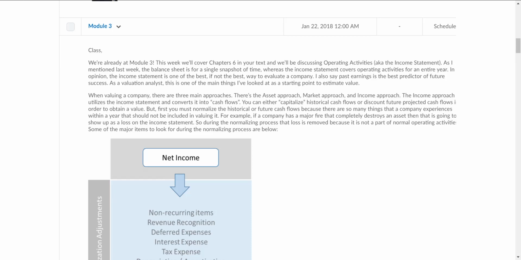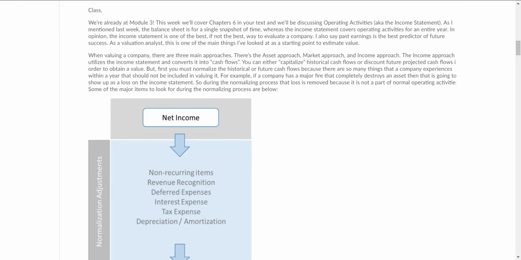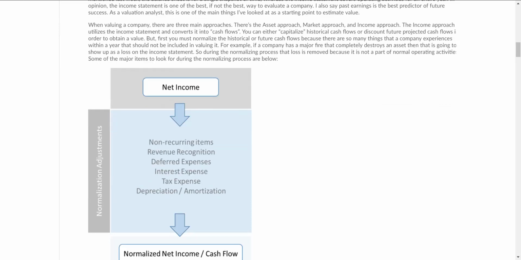With projected cash flows, you can modify the revenue projections, or anything else that modifies net income, and therefore that's the one that I prefer. But in order to use projected cash flows, and discount those, you've got to first normalize net income.